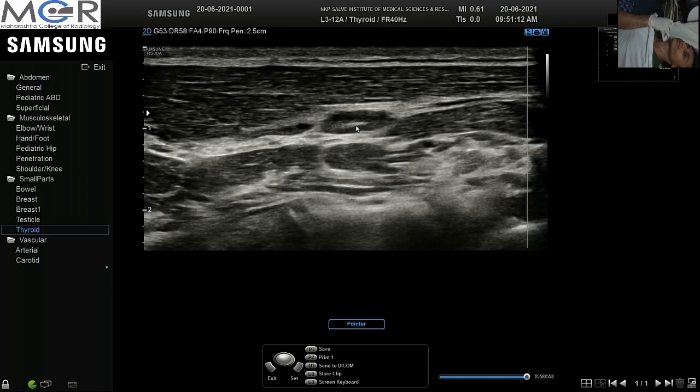Then we look at the fatty hilum, if the fatty hilum is present or not. If it is present, then what is the thickness of this fatty hilum. Then we look at the cortex of the lymph node. What is the thickness of the cortex and how is the ecotexture or the architecture of this cortex.